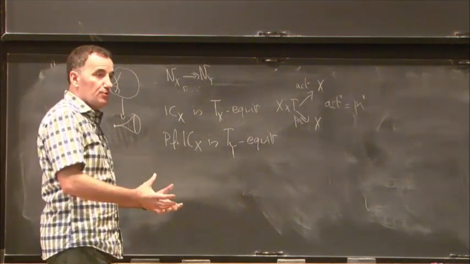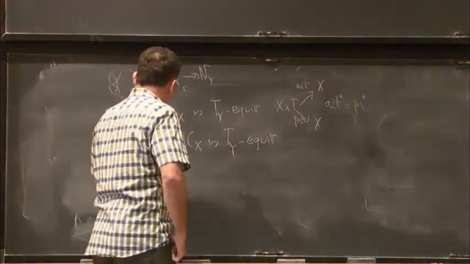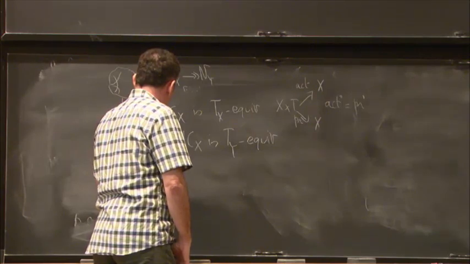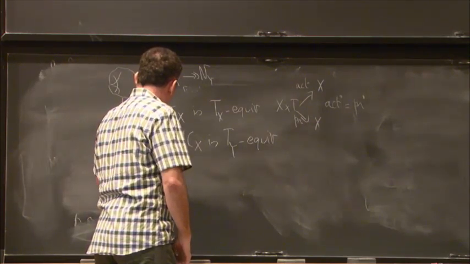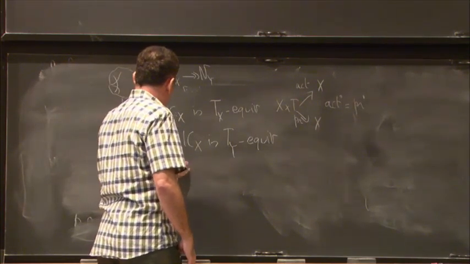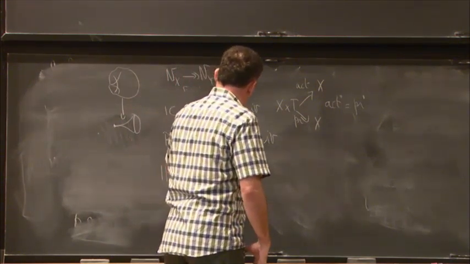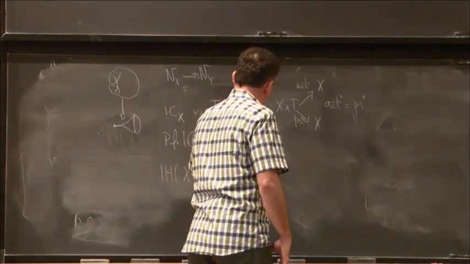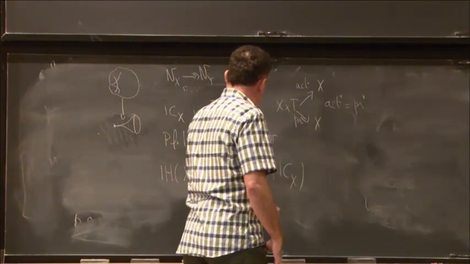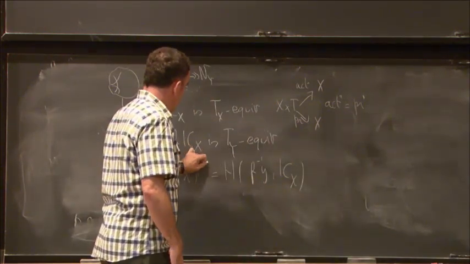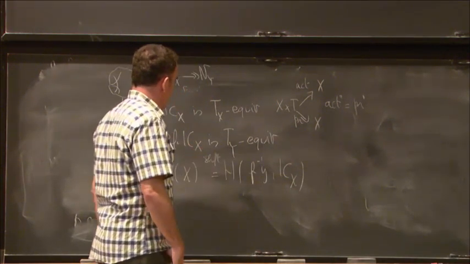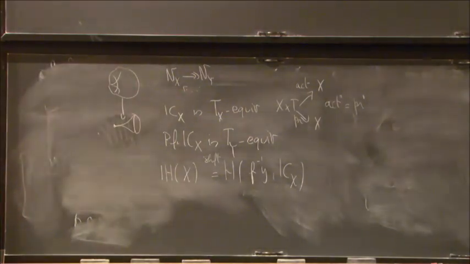Now, the base is contractible. So there is a canonical isomorphism, via the contraction, of the cohomology of X with the cohomology of the fiber with coefficients in IC_X. Now there are some shifts involved, which I omit discussing, but there's a canonical isomorphism here.